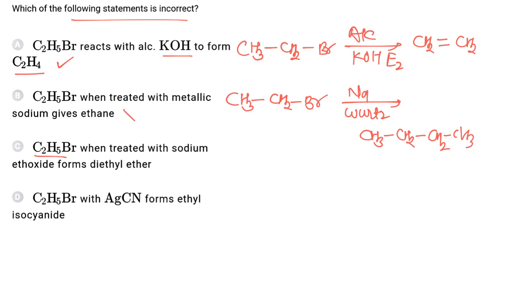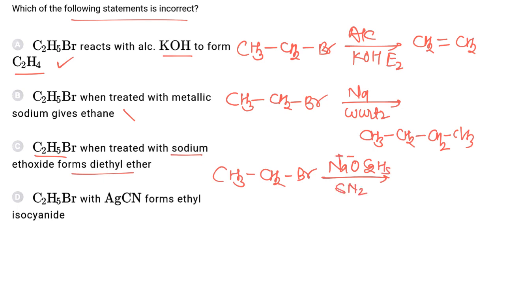Now ethyl bromide, CH3CH2Br, on reacting with sodium ethoxide, this reaction takes place via SN2 mechanism, and it will be converted to diethyl ether. So C is also correct.